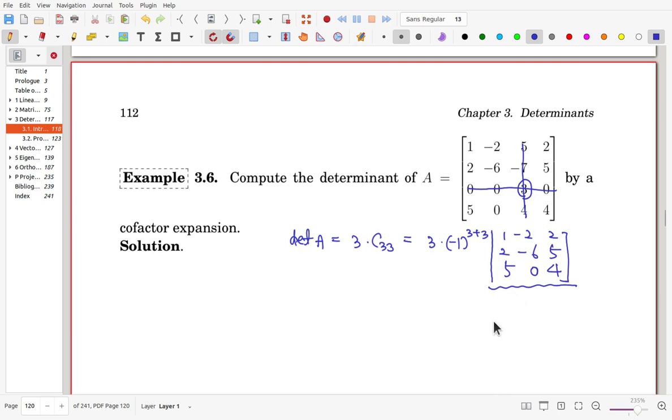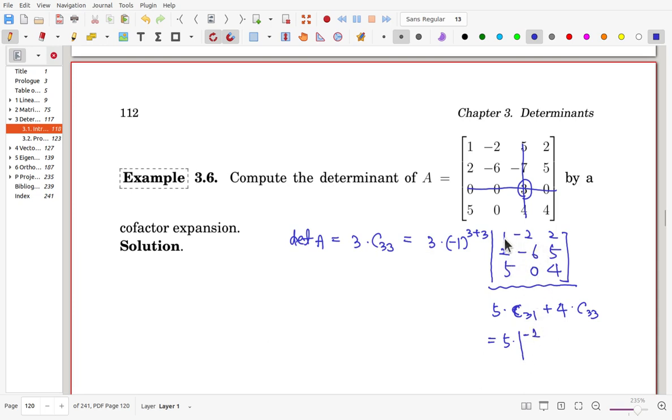The determinant of this one is now 5 times C31 plus 4 times C33. That is the same as 5 times minus 1 to the 3 plus 1, which is 1, so we ignore that.